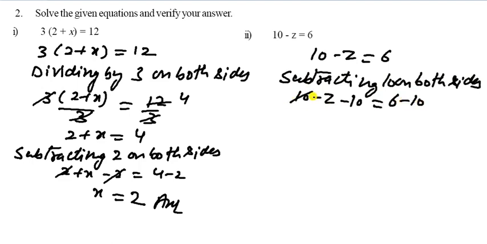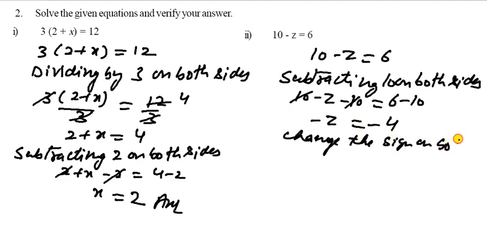So that is, 10 cancels with 10. So we get minus z is equal to minus 4. Now change the sign on both sides. So z will be equal to 4. So that is your answer.